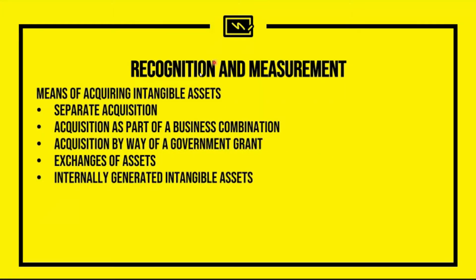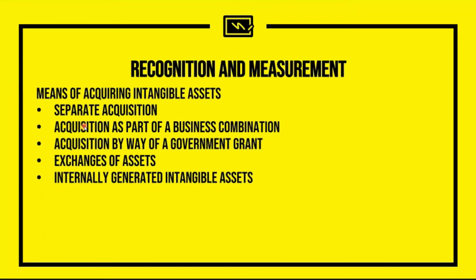Since we are assuming that an item was already able to meet the recognition criteria, and since we know that for initial measurement we are going to recognize the intangible asset at cost, the thing that we need to understand is how we are able to obtain a particular intangible asset.